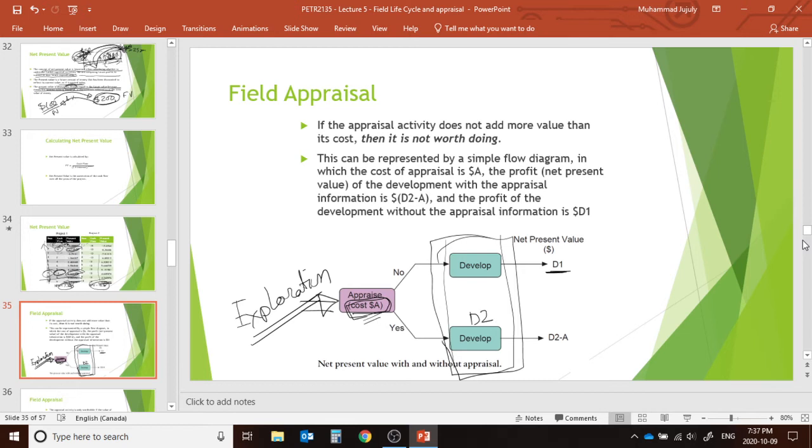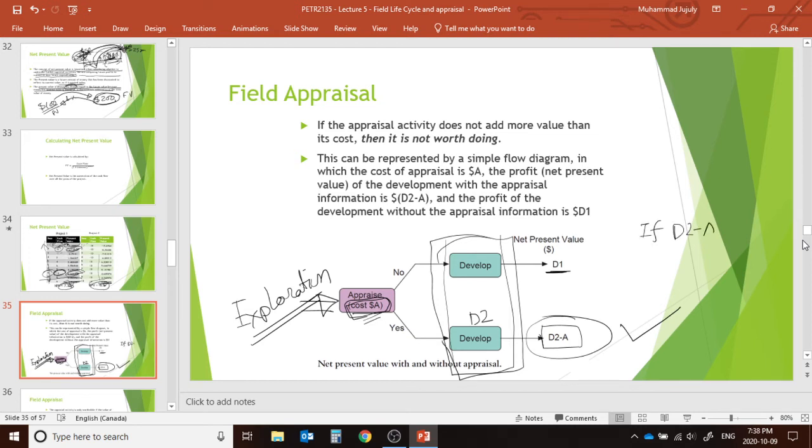The NPV would be D2, but you have to subtract the appraisal cost because you did it. So the net profit would be D2 minus A. Now, if this net profit D2 minus A is bigger than D1, we will do the appraisal.